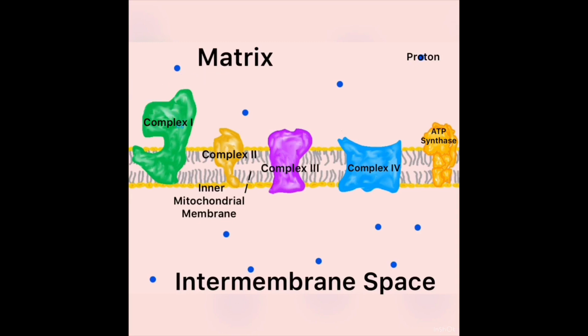The 2 electrons move through the 4 complexes, releasing energy as they move, which allows complexes 1, 3, and 4 to pump protons and force a proton gradient, similar to the ETC in photosynthesis. Since the electrons from NADH flow through every complex that can pump protons, it allows for the synthesis of 3 ATP by ATP synthase.